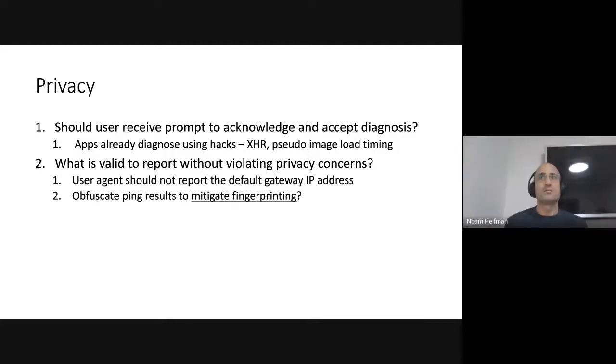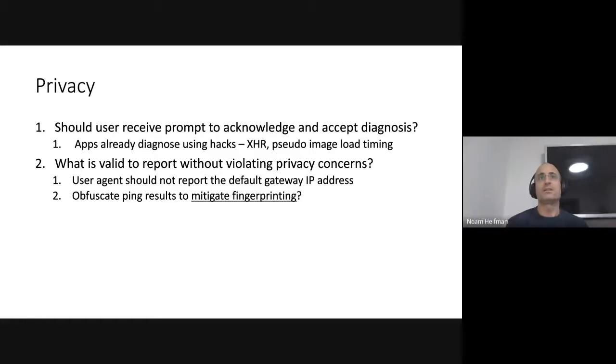Okay. Now, one other concern that was raised when I started discussing this is fingerprinting risk. Does this expose further fingerprint surface from the browser? Definitely we should not report the default gateway IP address or DNS name or anything like that. We can just say that it was the local route, closest route round trip time.